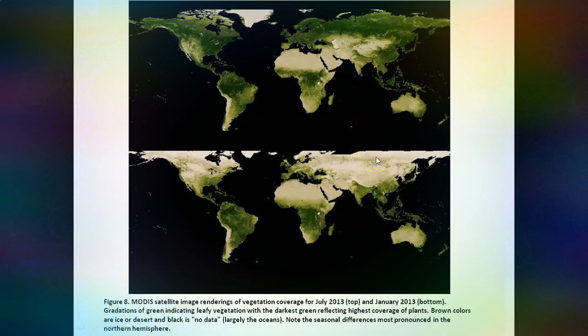So we can see how uneven distribution of precipitation, uneven rainfall, can change the ecosystem from green to desert-like conditions during the same year but in different parts.